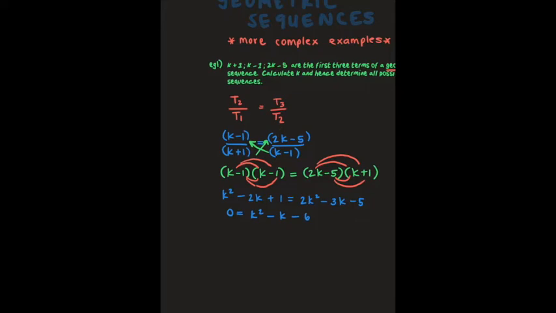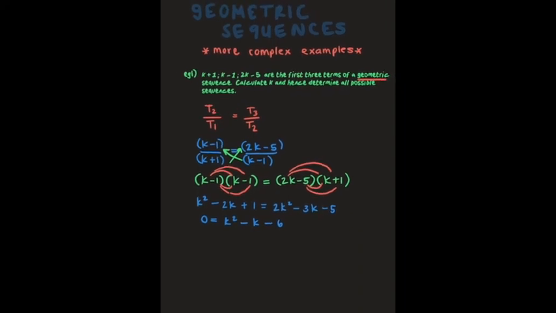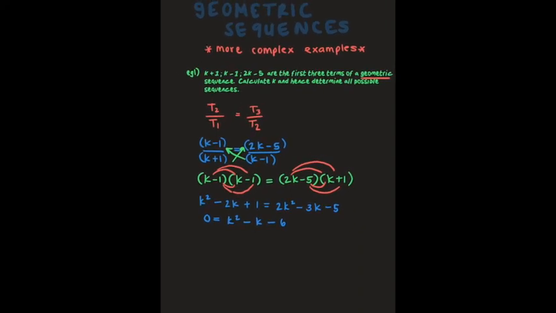And now we've got a really super basic trinomial to factorize here. So 0 is equal to (k plus 2)(k minus 3). Therefore, k is equal to negative 2 or k is equal to 3. So we've calculated k.